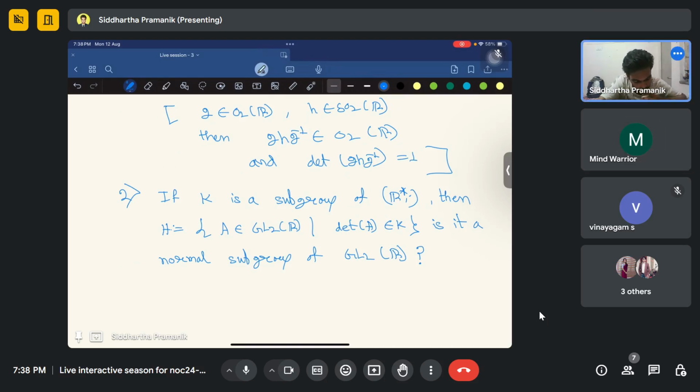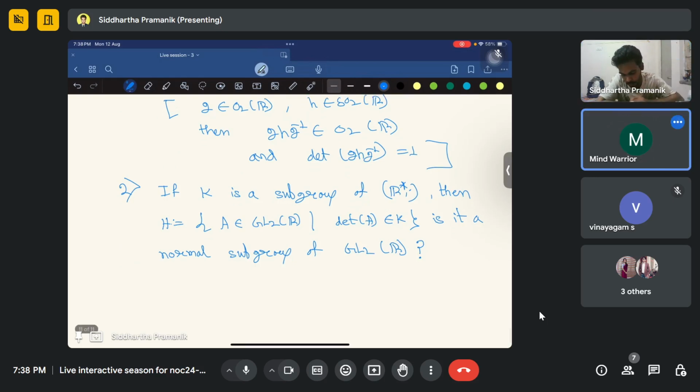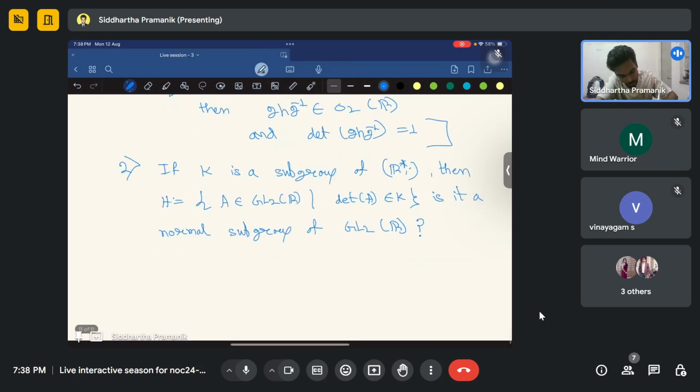Yeah, okay. Yeah, you are correct. So it will be a subgroup, and indeed it is a normal subgroup. So let me prove this.